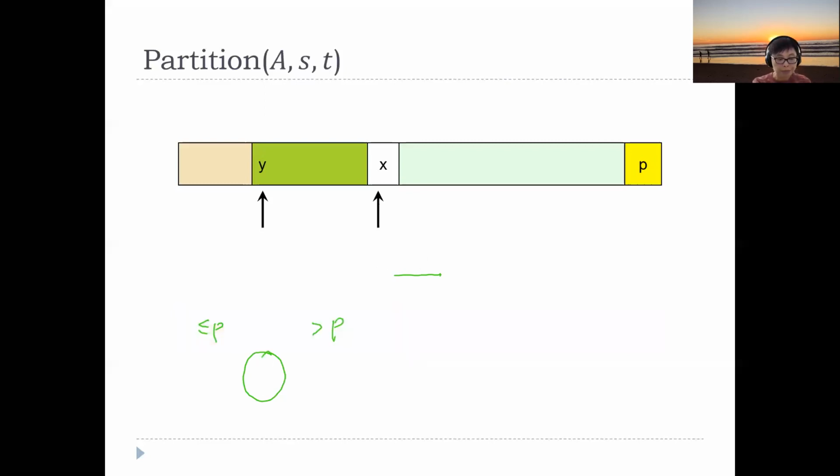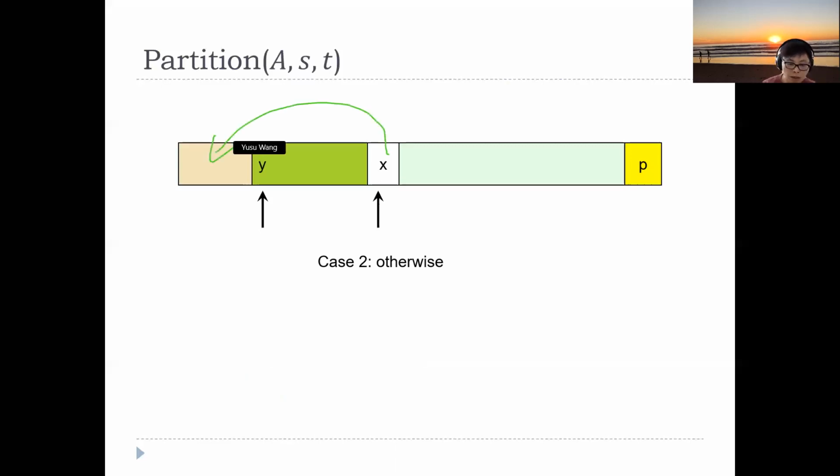If instead X is smaller than or equal to P, here I have to do a bit of work, because in this case, where should X go? X should go to the pink portion, because it's smaller than or equal to P. What do I do?